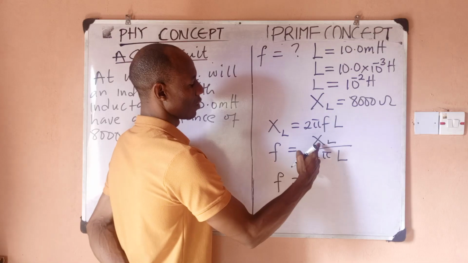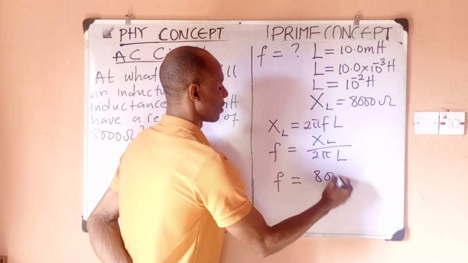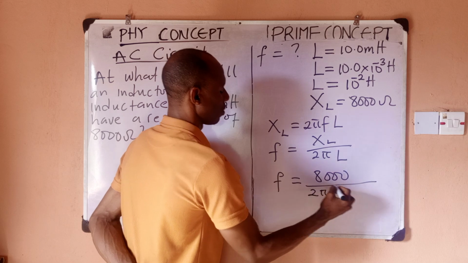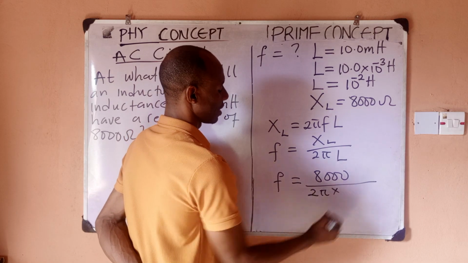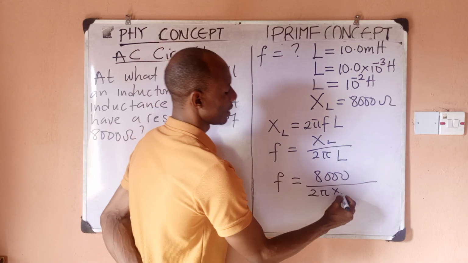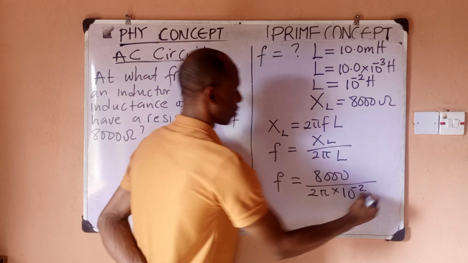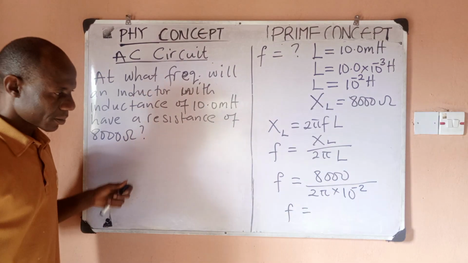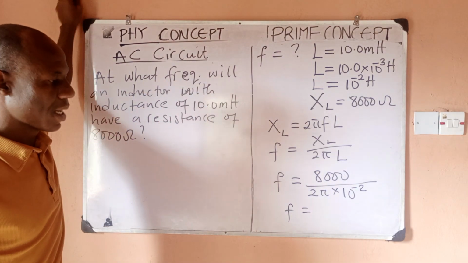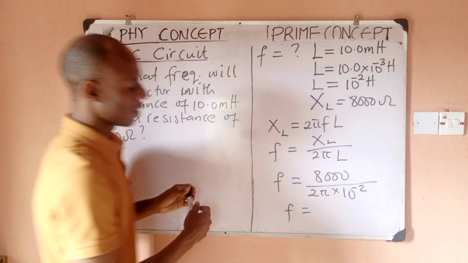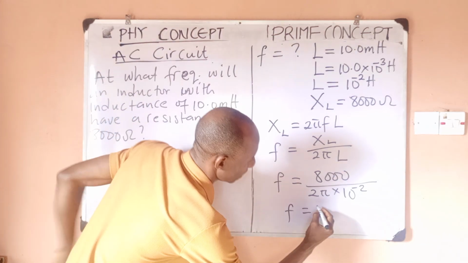So my frequency would be XL, which is 8,000, divided by 2 pi L. I will leave my answer in terms of pi, so that is how it is in the options from where I got the question. So L is 10 to power minus 2. So my frequency is simply going to be 8,000 divided by 2, which is 4,000.